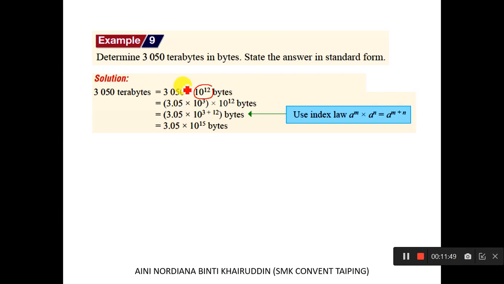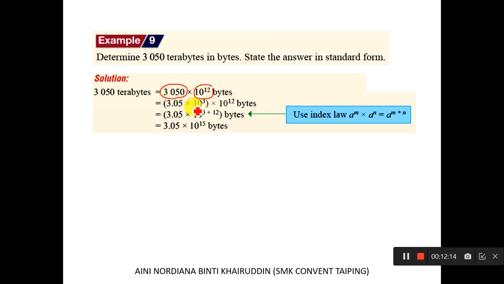So first, you change this to standard form. Okay, remember just now, this is a single number. You want to change to standard form. So it becomes 3.05 times 10 to the power of 3. You put it in a bracket and write times 10 to the power of 12. So in the bracket is actually 3050.